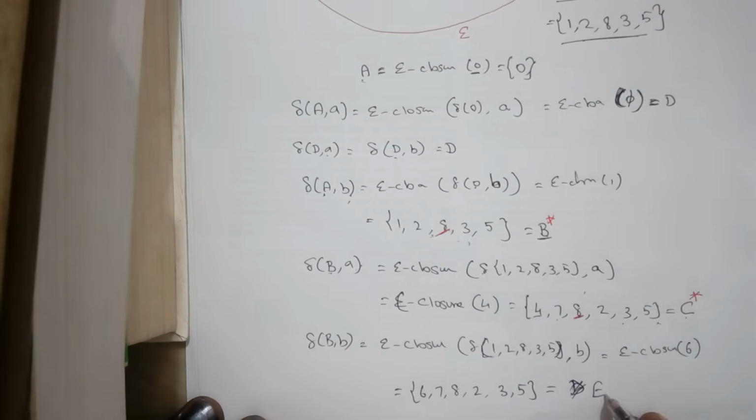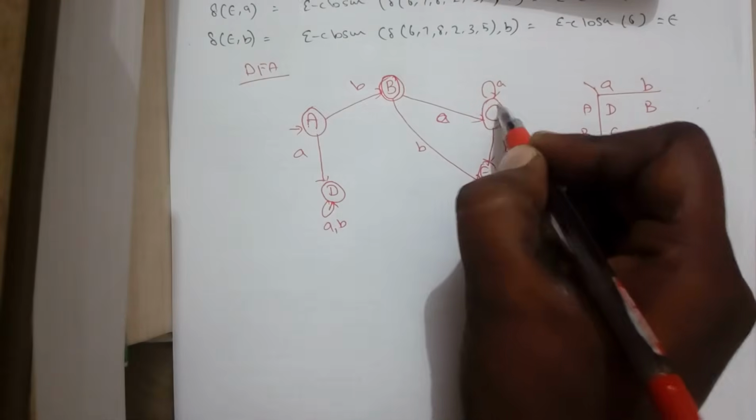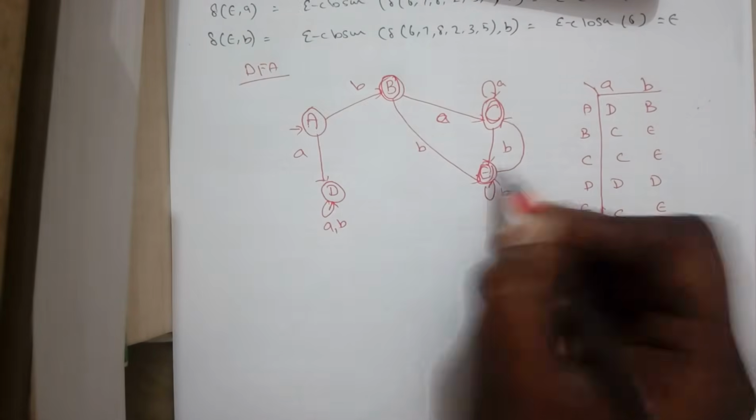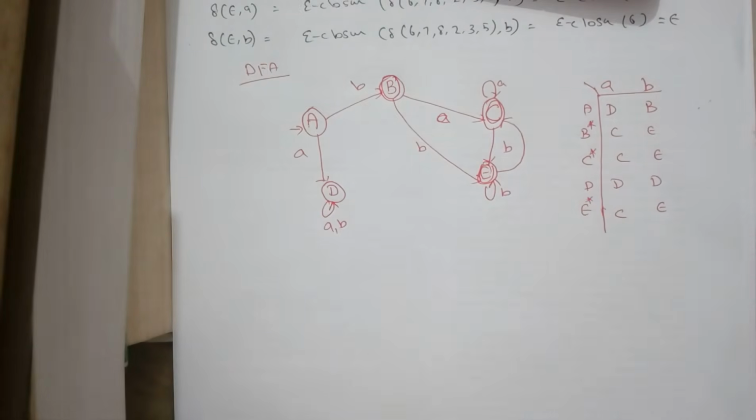And state E also contains 8, so this can also act as a final state. So as a whole, we have 3 possible final states. So we mention all the states B, C and E as final states.